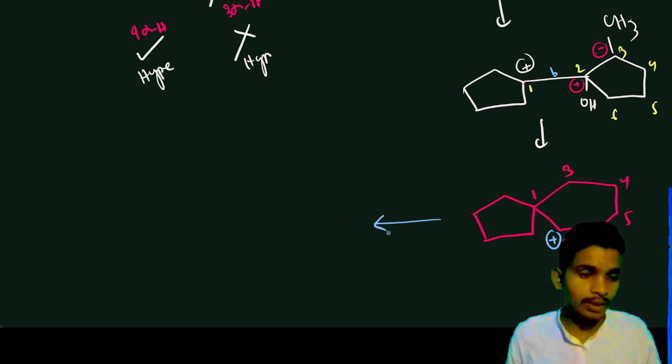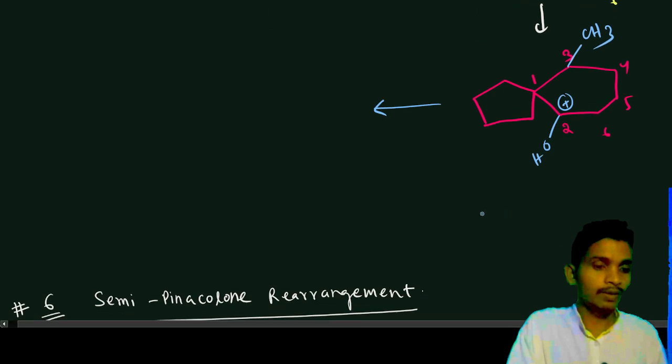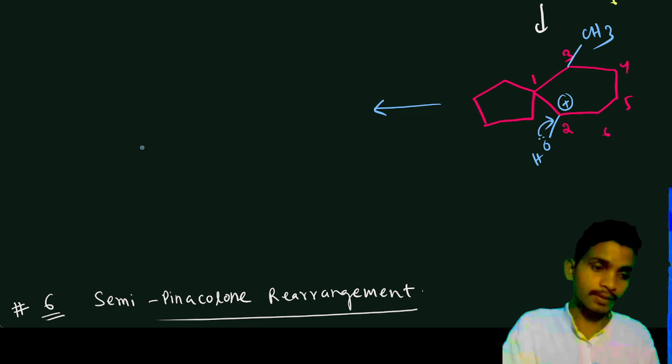Now what we will do, here positive charge is there, also at the 2 OH is there, here also that OH was present, here positive charge is there with that OH is there, and at the 3 we have that CH3. So now what will happen, that this will give the lone pair, then any ring expansion.